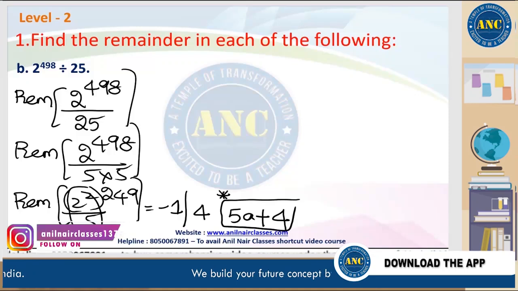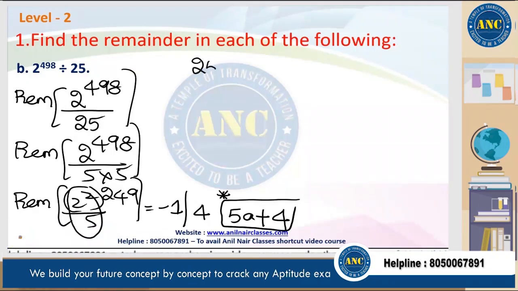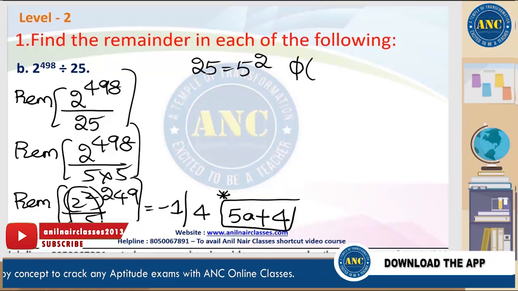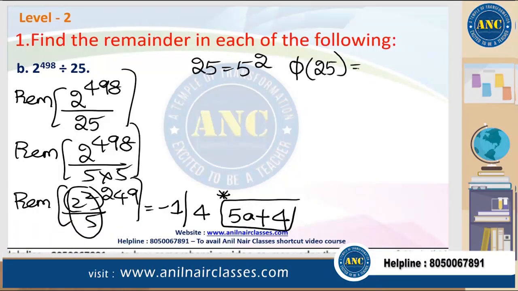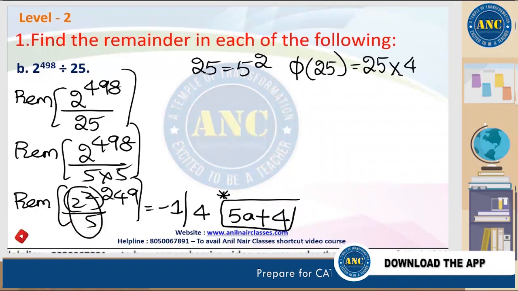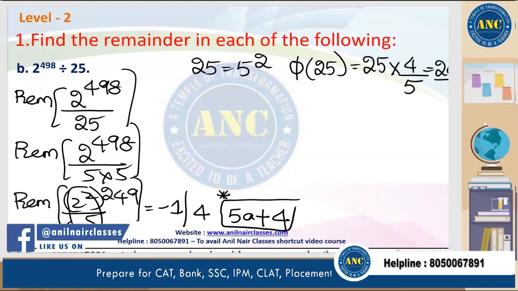If there is more than one such answer option, what you will do is, 25 is a composite number, so it is 5 square. So the totient of 25 is x into 1 minus 1 by x, that is 25 into 1 minus 1 by 5, which is 20.